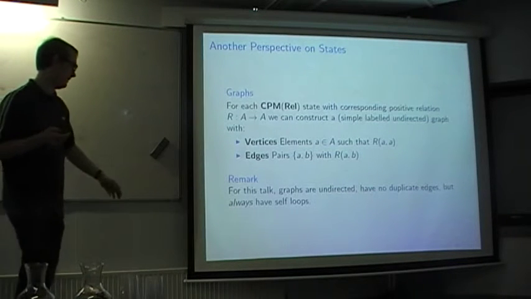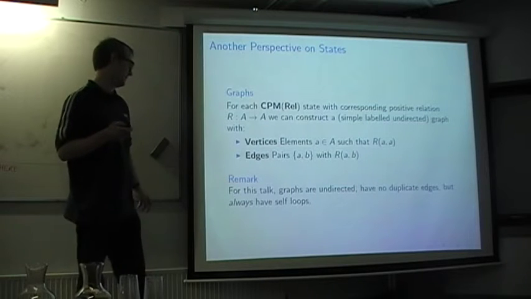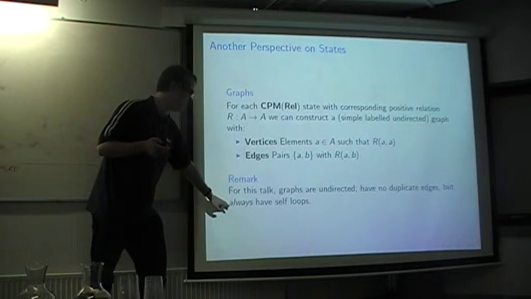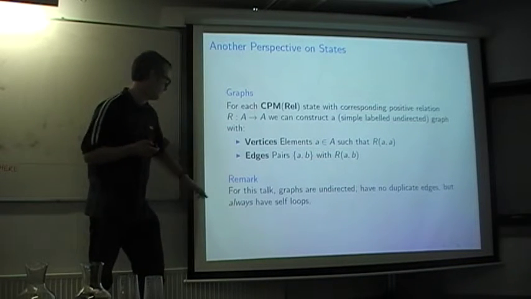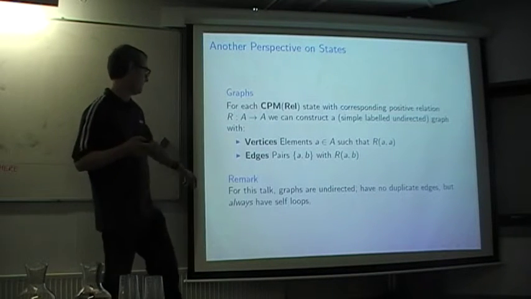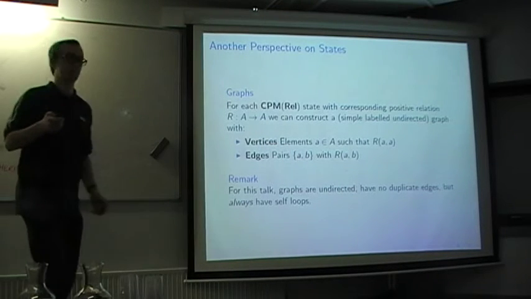And an aside, these things are simple graphs, but with a slight proviso that instead of not having self-loops, I insist on self-loops. So they're basically in bijective correspondence, but it's just more convenient to always have these self-loops. So in particular here, this could be AA, for instance, so that we have self-loops everywhere.